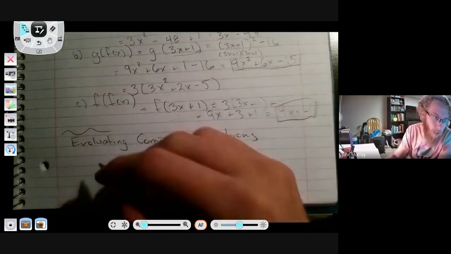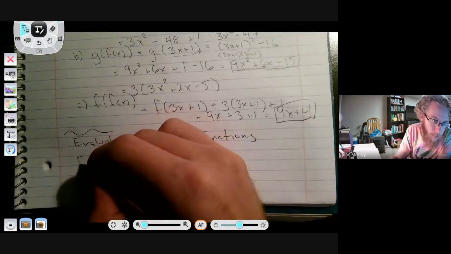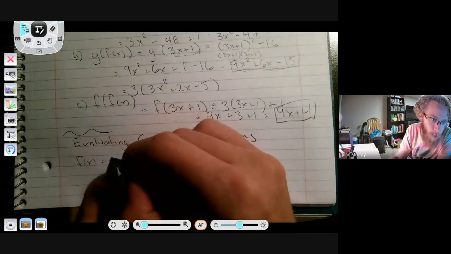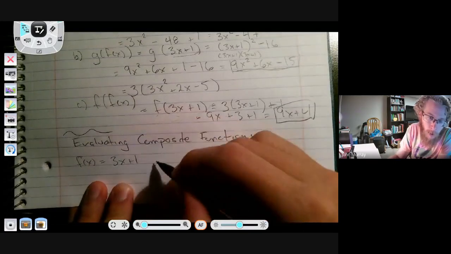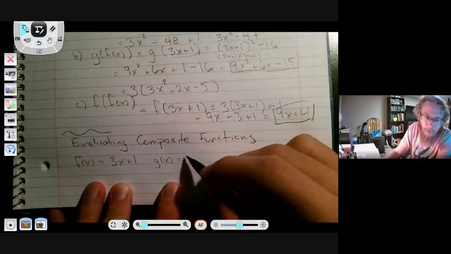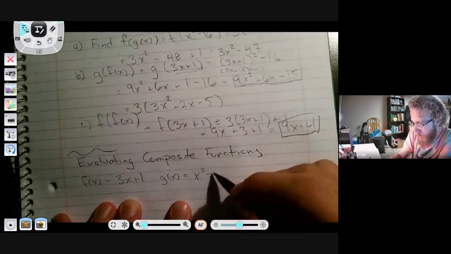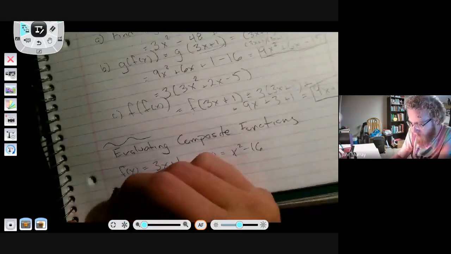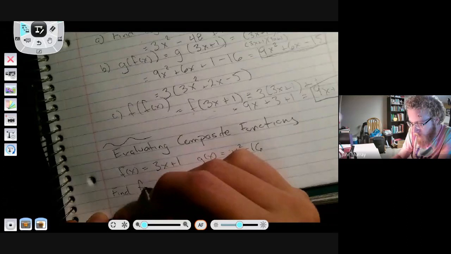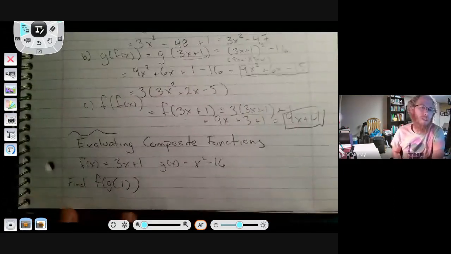Let's use the f and g we had before. What was g of x? x squared minus 16.